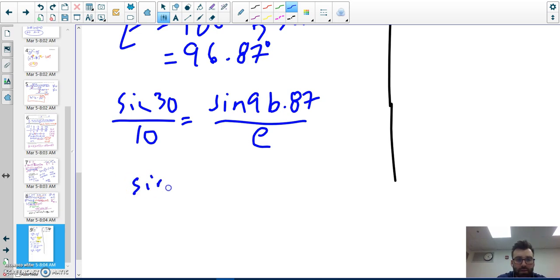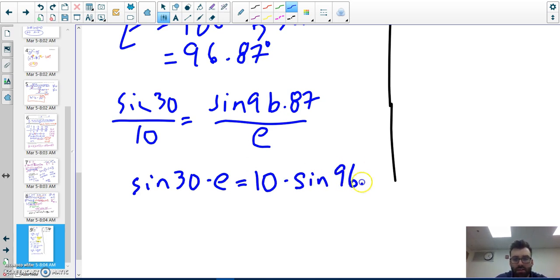Sine of 30 times E equals 10 times the sine of 96.87.